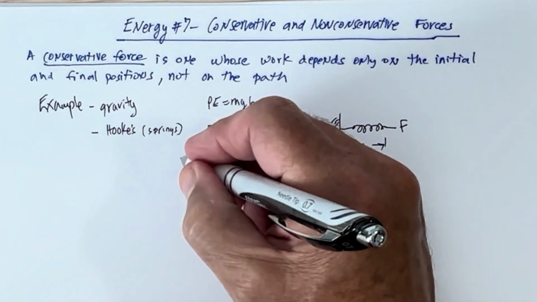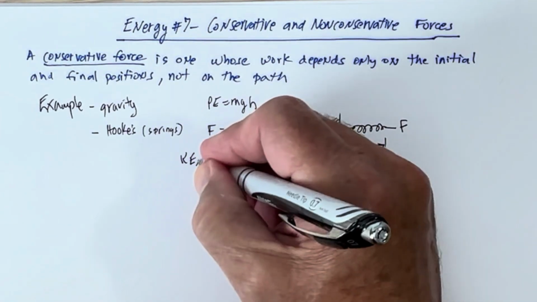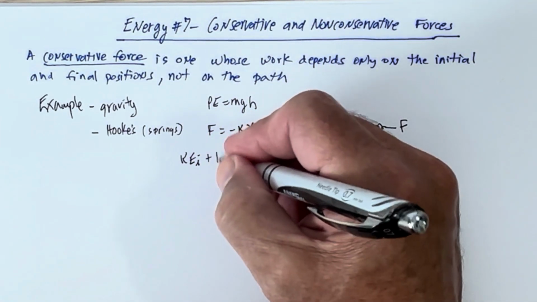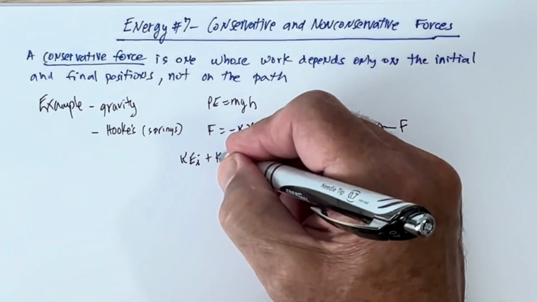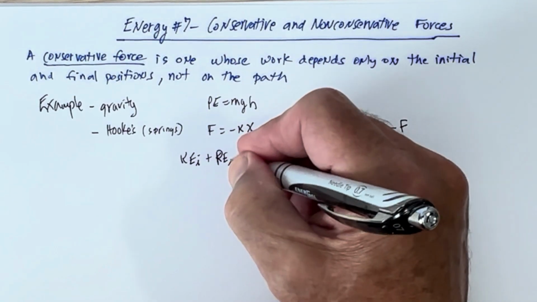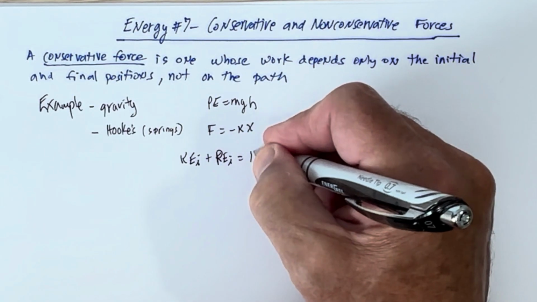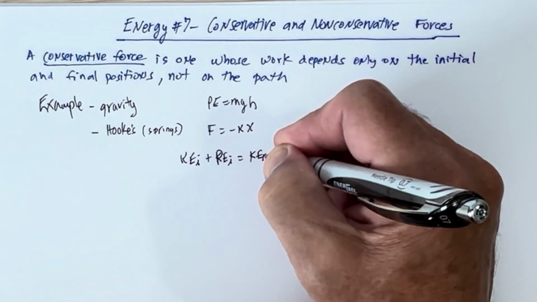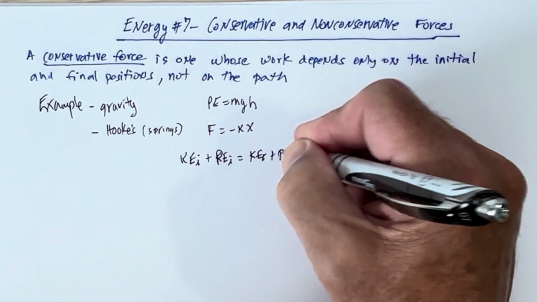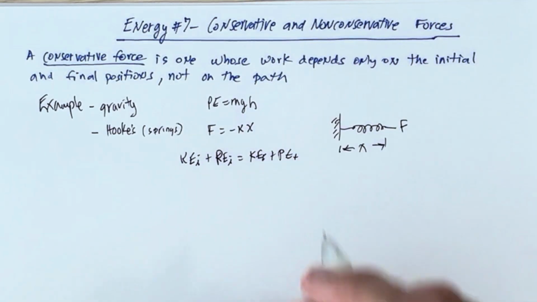So for a conservative force, the kinetic energy initial plus the potential energy initial is equal to the kinetic energy final plus the potential energy final.